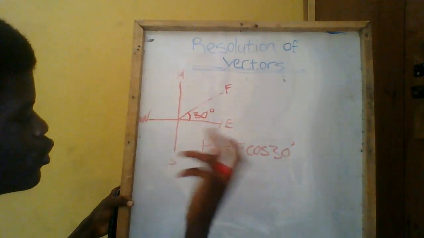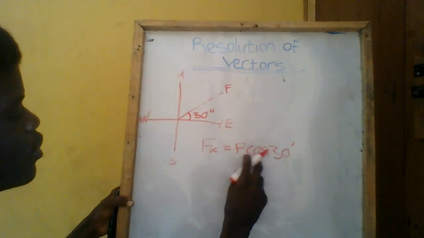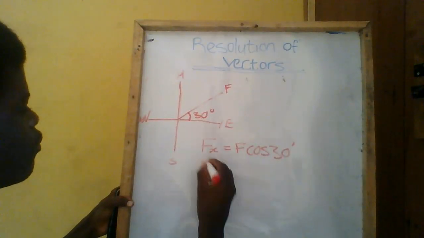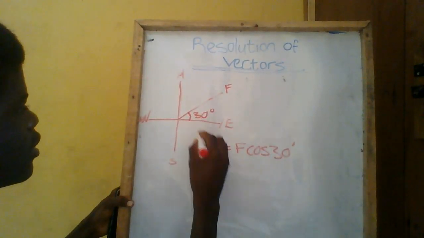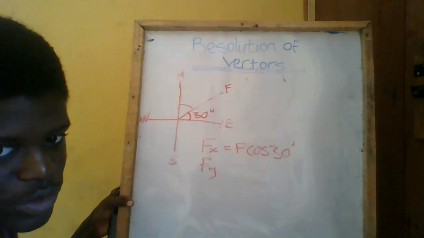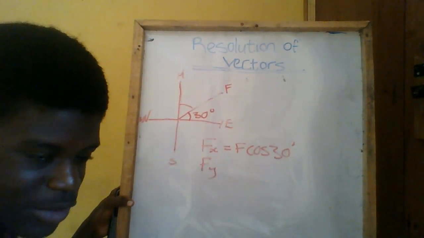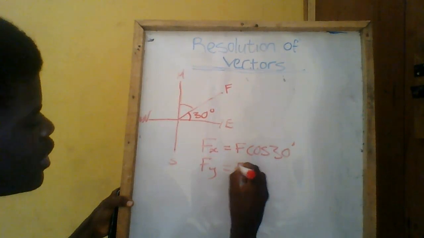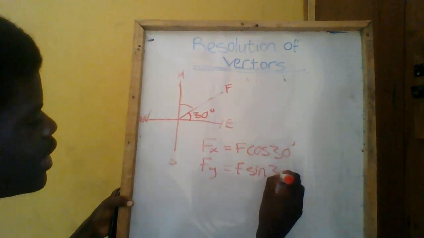If it does not go, it's a curse for him. So that's F cos 30. And Fy, the money was not given. He already misplaced the money here, so you need to sign an agreement with Tola to get the money. So that would be F sin 30.